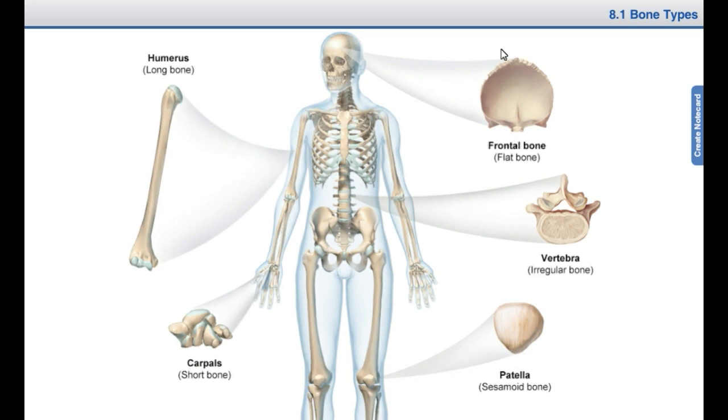If we talk about these flat bones, these all are the protectors of the internal organs. And the long bones, like the humerus or the femur, absorb stress and support the body weight. So first, let's talk about the flat bones.